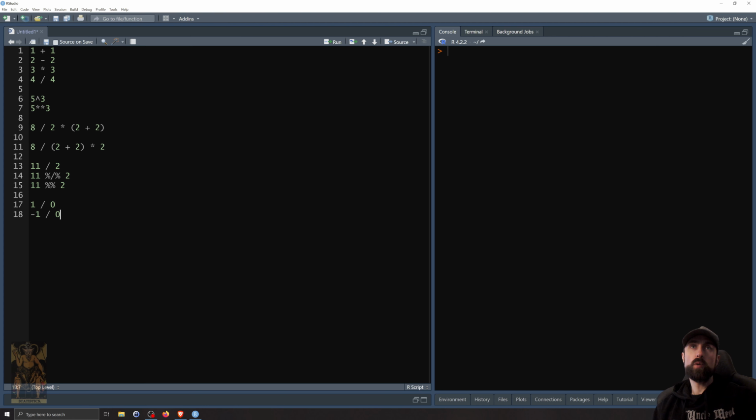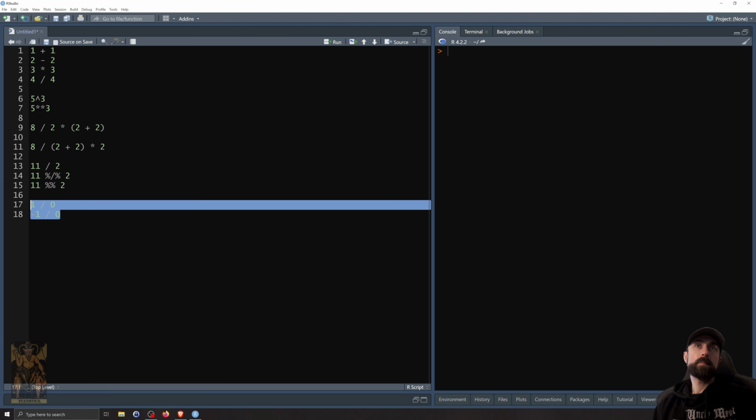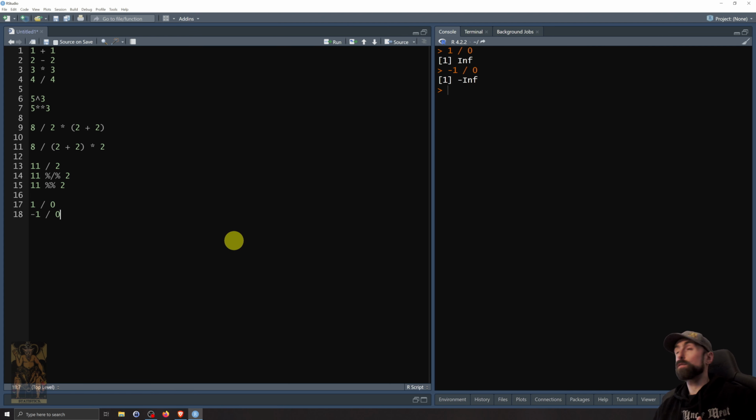So what happens when we run these two lines here? You can see we get Inf and negative Inf. So this is just an abbreviated way of referring to infinity in the positive and the negative directions, respectively. Now, what happens if you take the square root of a negative number, let's say?